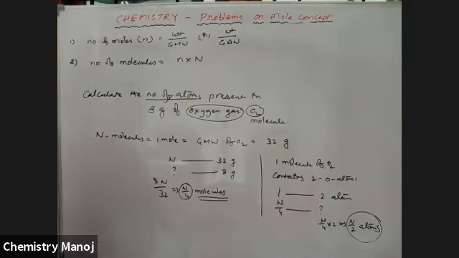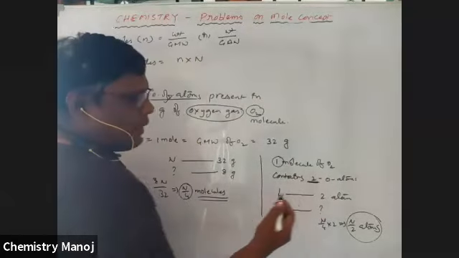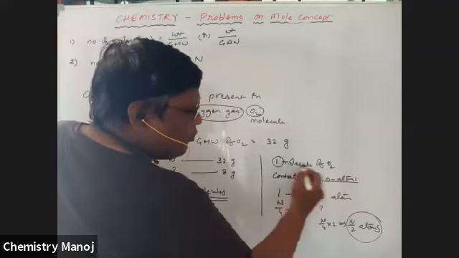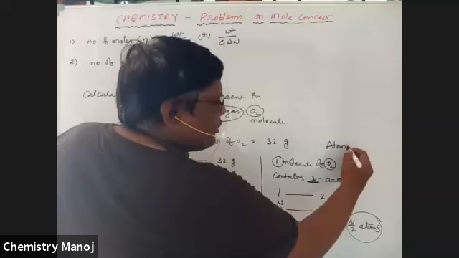So how do we calculate this N by 2? One molecule contains 2 atoms. The number of atoms present in one molecule of a substance is called the atomicity of the element.